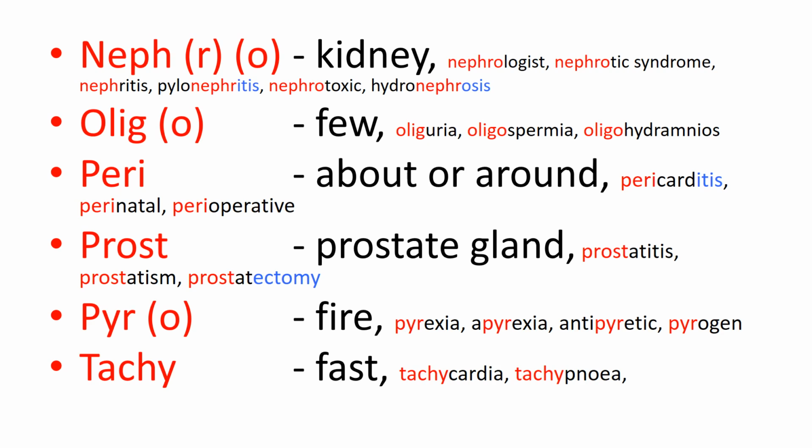A pyrogen is something which will increase body temperature. So, for example, a bacteria or a virus in the blood can act as a pyrogen. And also the bacterial or viral components in the blood will be recognised by the white blood cells, and the white blood cells will release pyrogens.